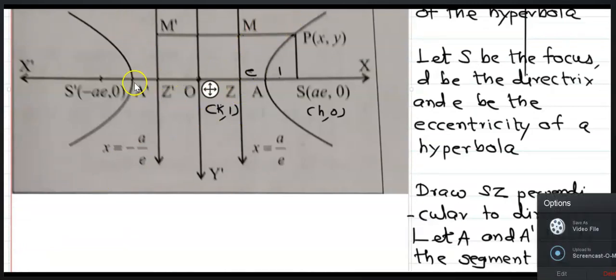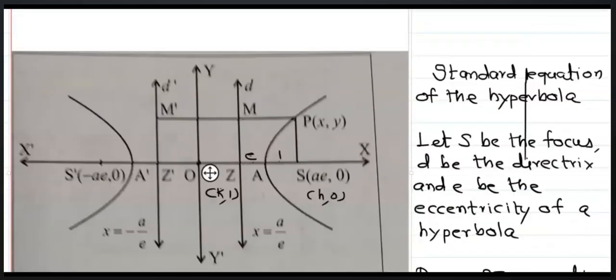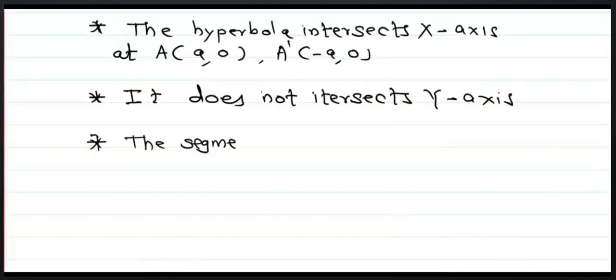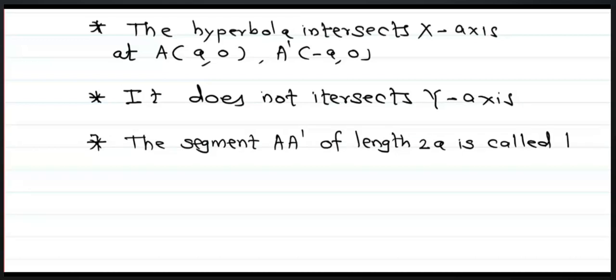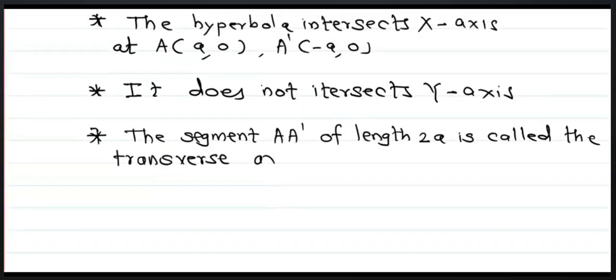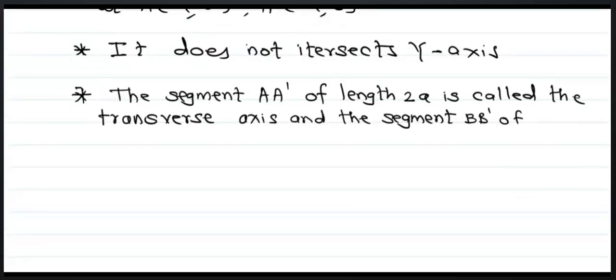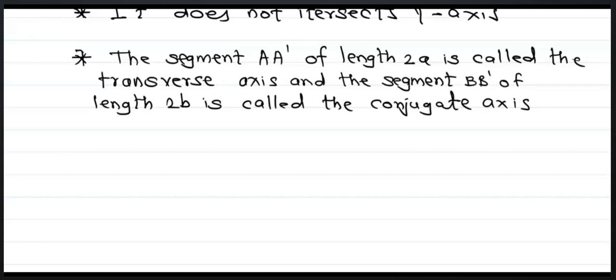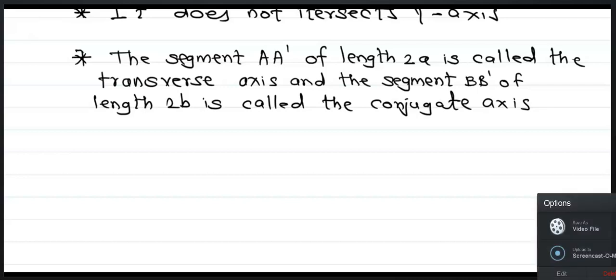It intersects the x-axis here, but it does not intersect the y-axis. Now next, the segment AA dash of length 2a is called the transverse axis, and the segment BB dash of length 2b is called the conjugate axis.